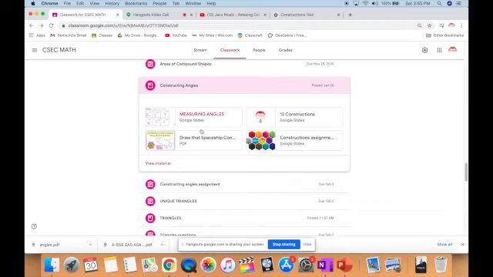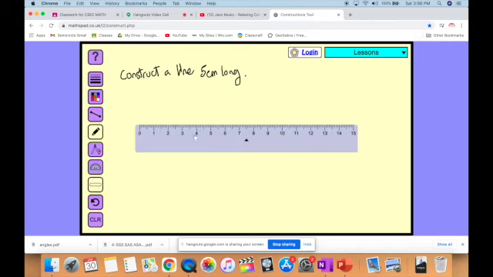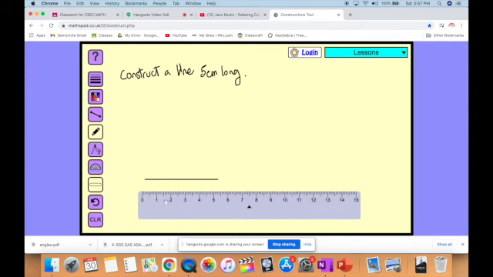So we are going to construct angles. The first thing we are going to do is construct a line 5 centimeters long. There's a difference between constructing and drawing. If they had said draw a line, I would take my ruler, start from 0 and go to 5, and boom, I've drawn a line 5 centimeters long.